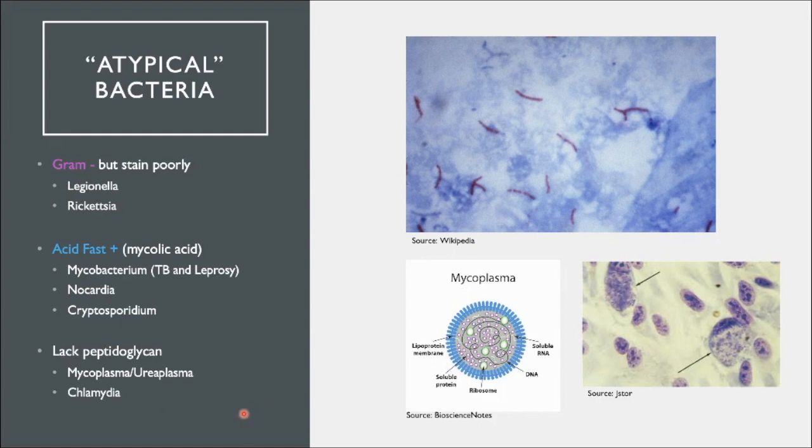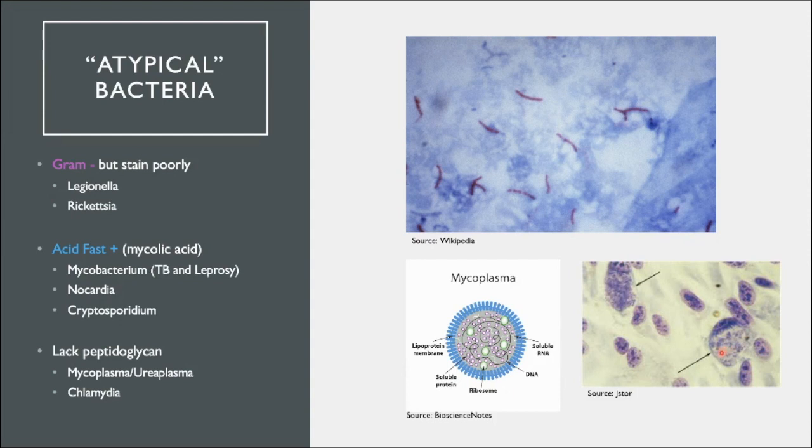And then chlamydia is a really weird bacterium. It's almost like a virus in and of itself, in that it lives inside cells and forms these elementary and reticulate bodies, and they just don't really follow a lot of the rules that typical bacteria would follow. So you're typically not going to see them gram stain, mostly because they live inside of your host cells. It's hard to get the dye there whenever they're inside of a host.